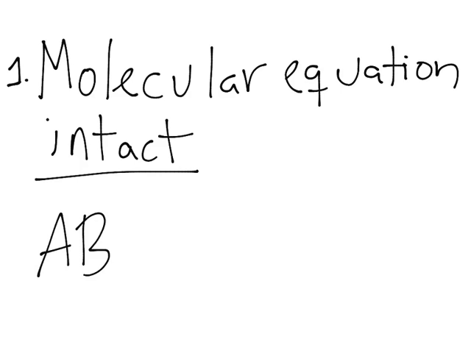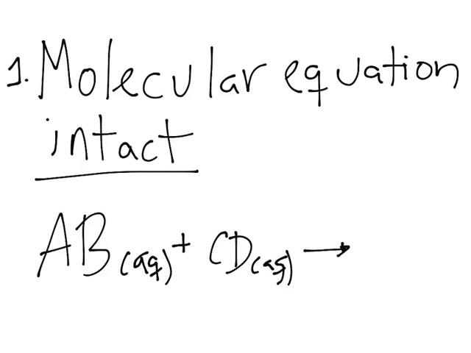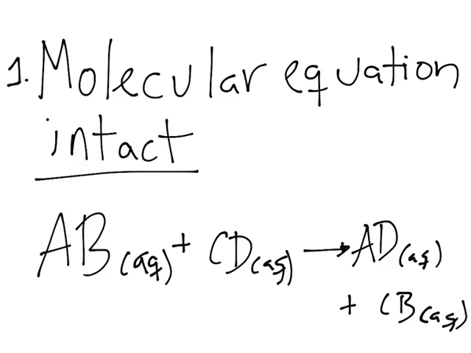You have a compound AB, in this case aqueous, plus CD, aqueous, and by double replacement, you will form AD aqueous plus CB aqueous. Now this aqueous here, you can determine by the solubility rules I discussed in the previous video.